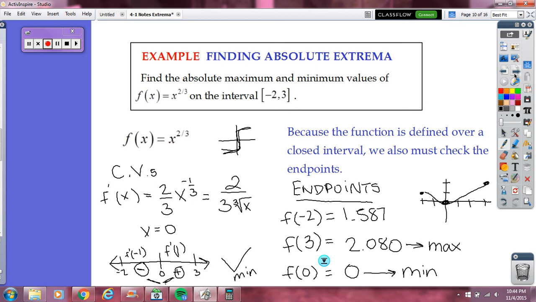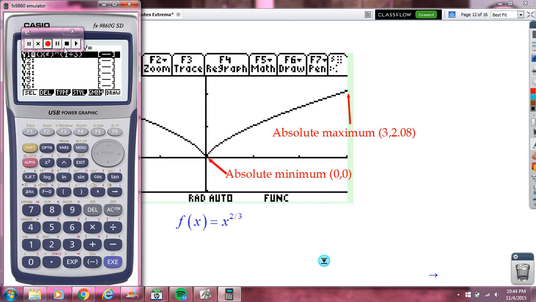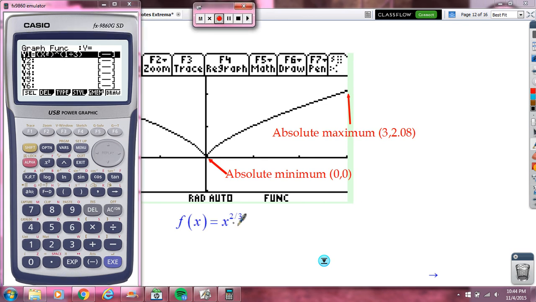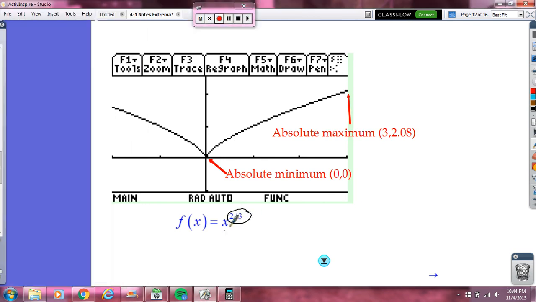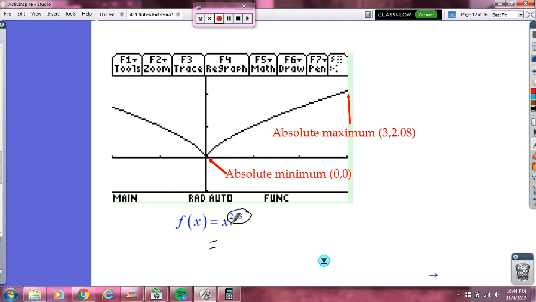You can check this in your calculator, by the way. If you want to pull your calculator up, one thing I wanted to point out: when you're typing fractional exponents like 2/3 into your calculator, sometimes it's helpful to separate those out. So x to the 2/3 means x squared under a cube root.